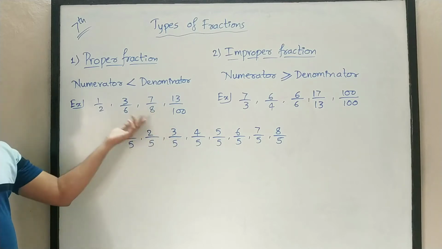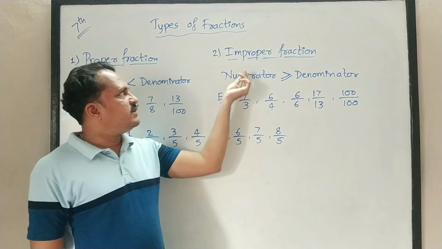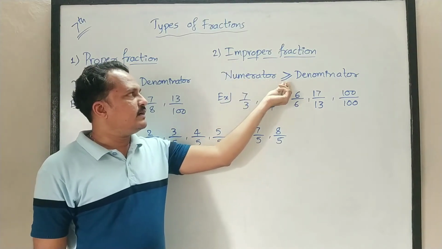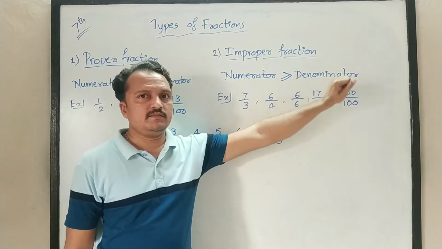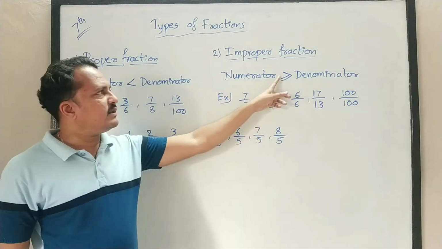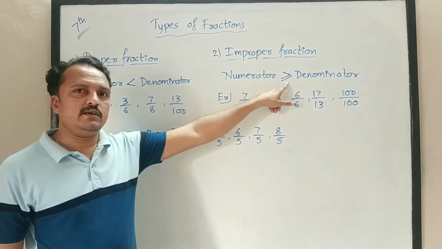Very simple. Then come to the improper fraction. The definition of this one is: numerator is either greater than or equal to the denominator, then it is an improper fraction. Then what is this greater than or equal to? This symbol is going to represent greater than or equal to.